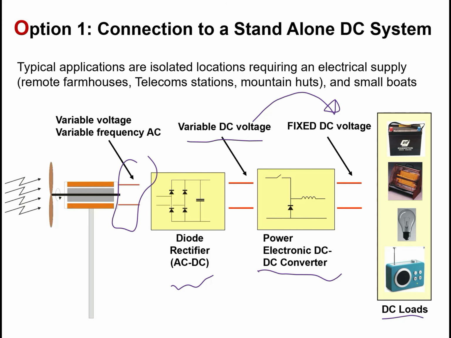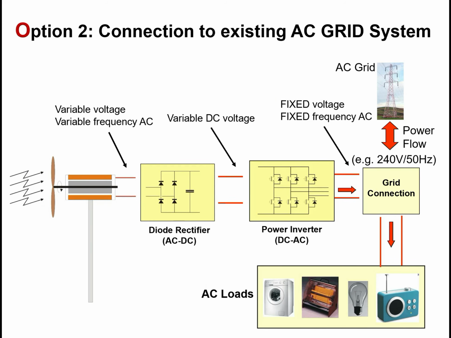On the other hand, if we are connecting the generator to an existing AC grid system, what we need first is, again, the diode rectifier to change the variable AC into a variable DC. And it is important to keep in mind that the voltage generated by a variable speed wind turbine is non-grid compliant.